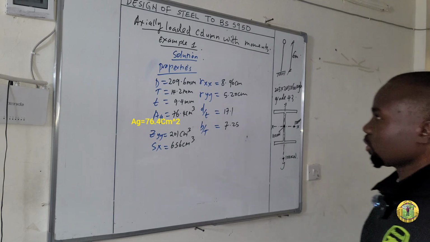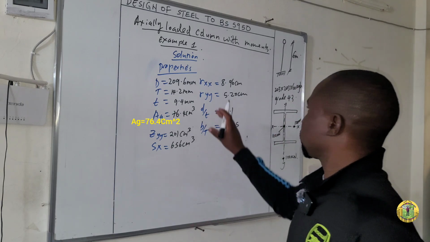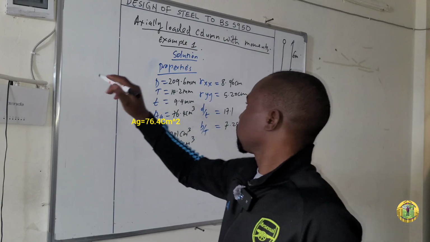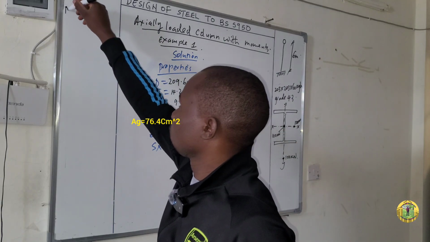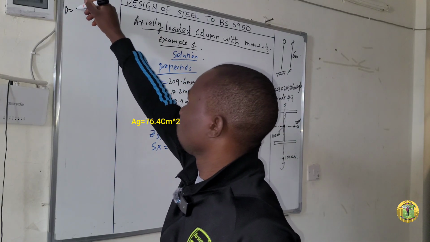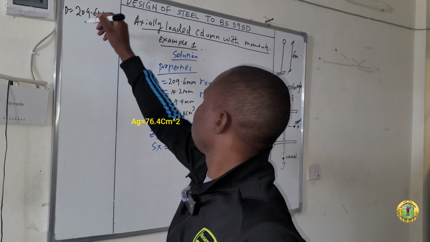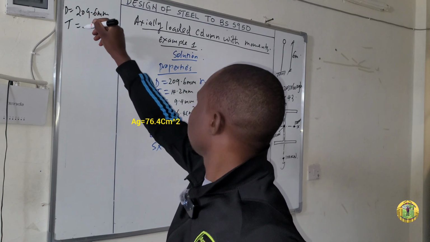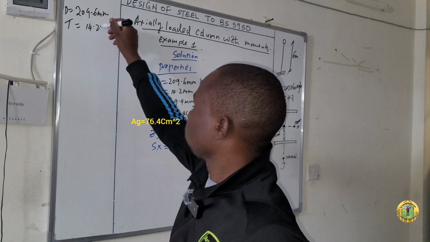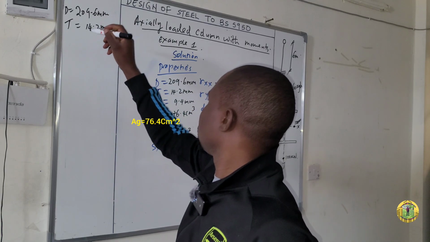But before I classify the strengths, allow me to capture this on this column. D is equal to 209.6 millimeter. Capital T is equal to 14.2 millimeter.